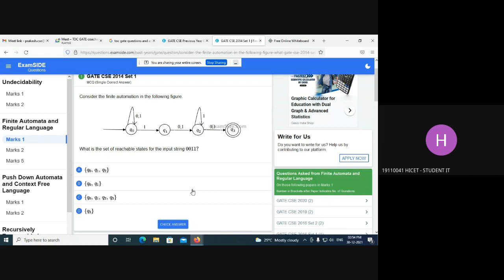What is the set of reachable states for the input 0, 0, 1, 1? Could you answer this? Just try. Now you are able to see the figure. So what is the question? With the input string 0011, what is the set of reachable states? Now you are going to give an input.